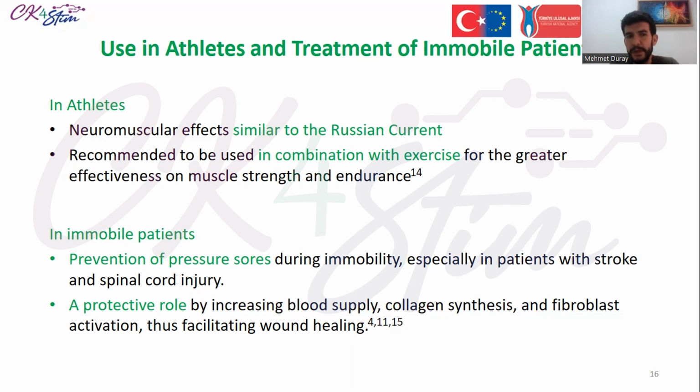In immobile patients, it prevents pressure sores because of immobility, especially in patients with neurological diseases. It has a protective role because the current increases blood supply, collagen synthesis, and fibroblast activation. So the current facilitates wound healing.